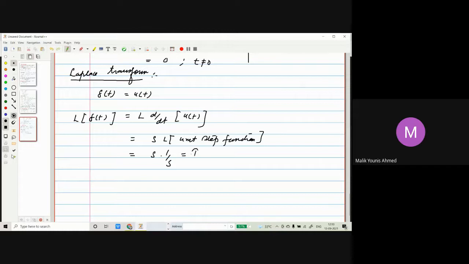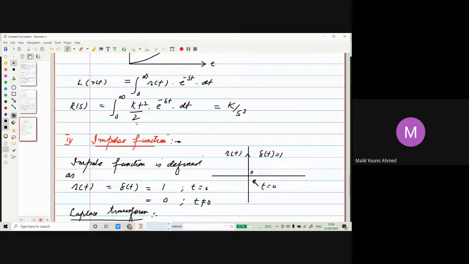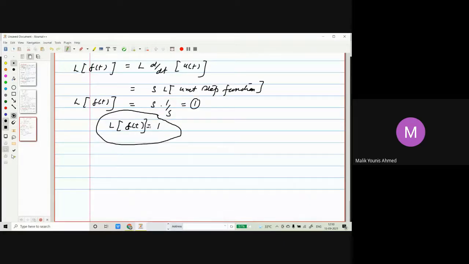So the Laplace transform of the impulse function delta t, in short form, is 1. The explanation I have given in network analysis, so we don't need to go for the explanation here.